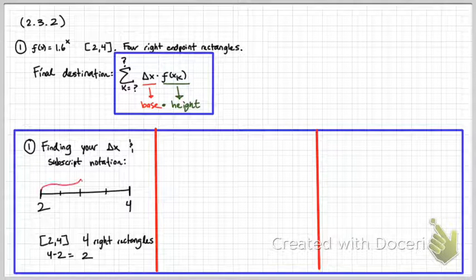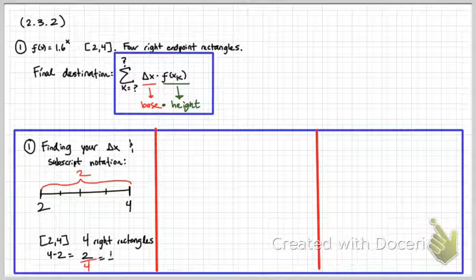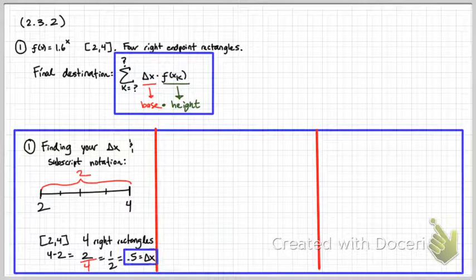And I'll write this in. Entire distance here is 2, and then I'm taking that 2 and dividing it into 4 rectangles, and those 4 rectangles give you 1/2, or 0.5, which is what we call our delta x, our change in x. So that means each interval is increasing by a value of 0.5. So 2.5, 3, 3.5, and then we end on 4.